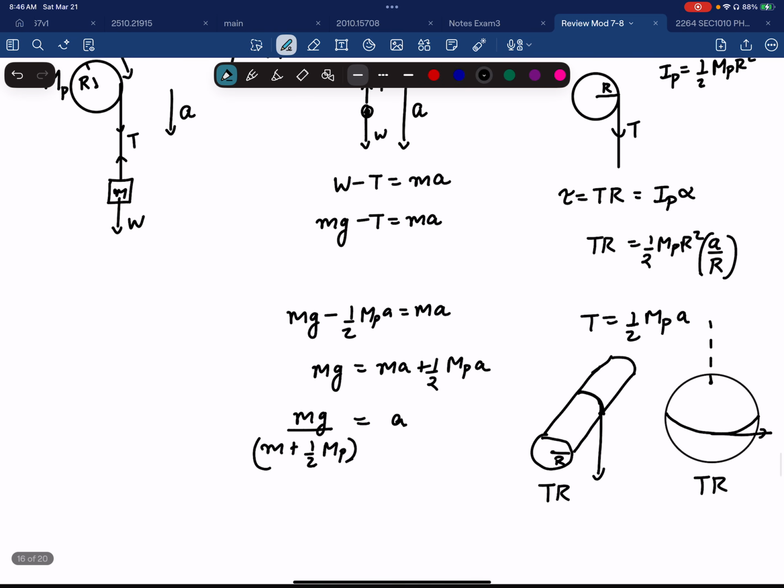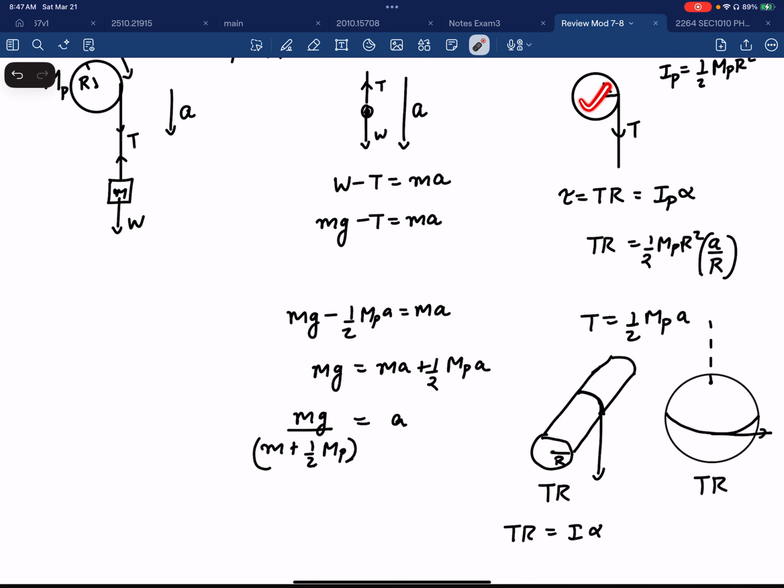So in other words, when you have this kind of symmetrical object, you have the torque equals moment of inertia times alpha. What actually comes out to be this moment of inertia is different for a cylinder, it'll be different for a disk, which is this, it is different for this and this. So whatever changes is this.